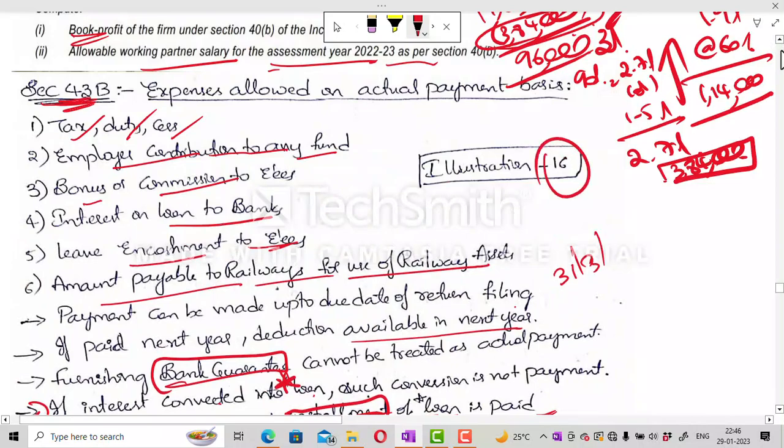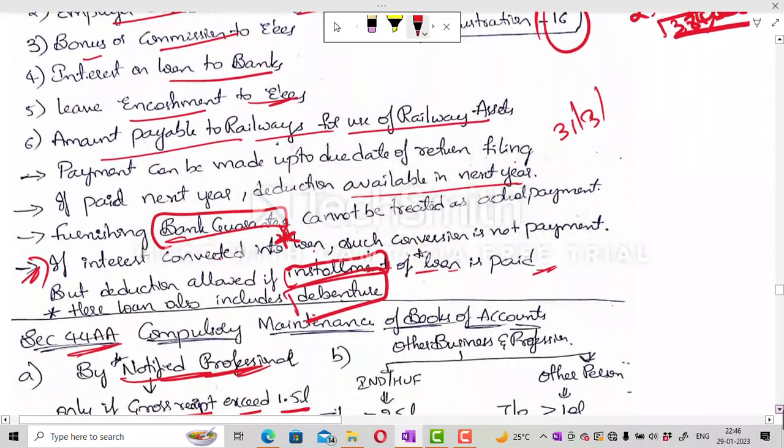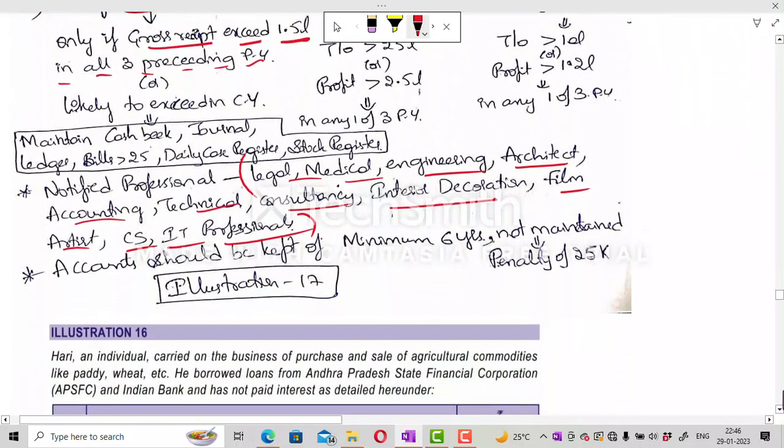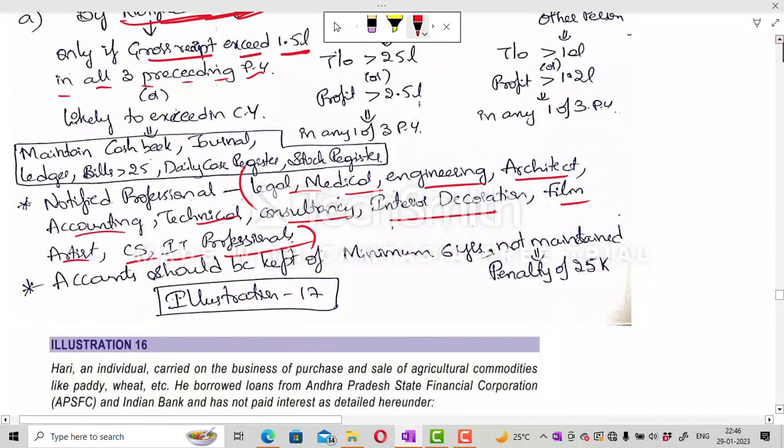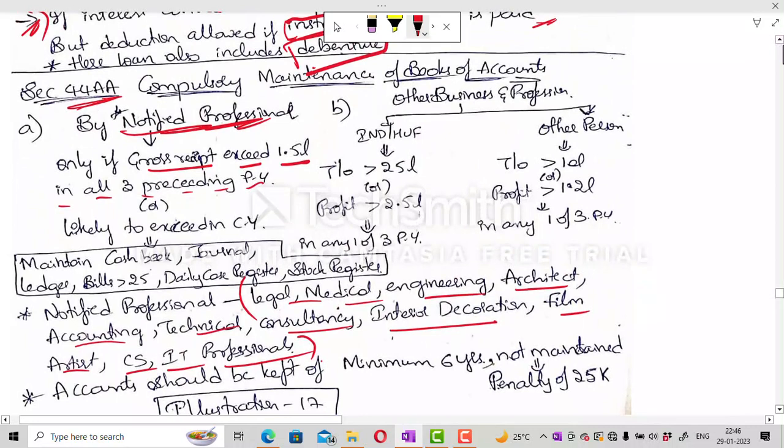Actually we have an example here, 16th one. We will discuss after this concept. So all these notified professionals need to maintain books of accounts only if gross receipts exceed 1.5 lakh in all the 3 preceding years. Okay, if in all the 3 years they exceed, then they need to maintain the books of accounts, or if likely to exceed in the current year.